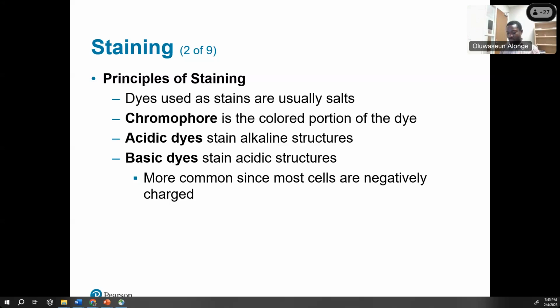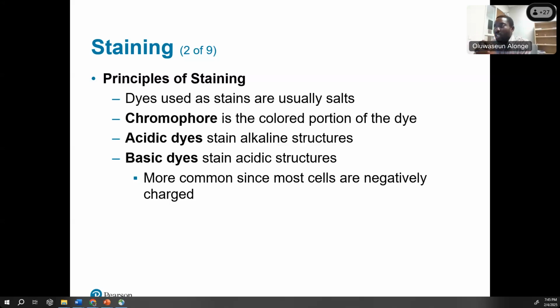So when you see different parts of the cell stained, it is because different stains may have been used, and they pick different parts. For instance, the nucleus is acidic. So basic stain will stain the nucleus. Acidic stain will not stain the nucleus.